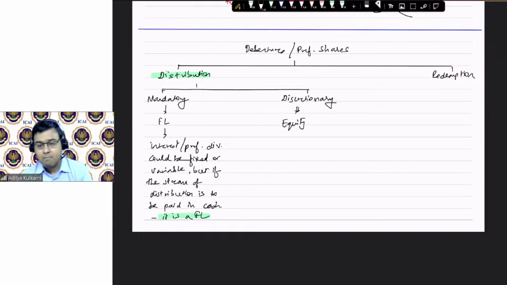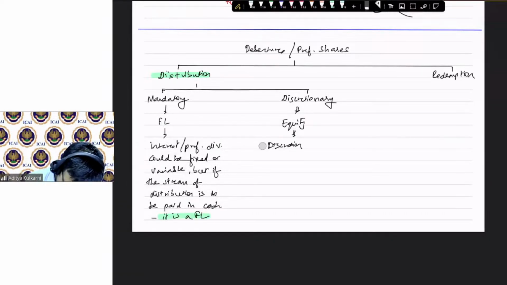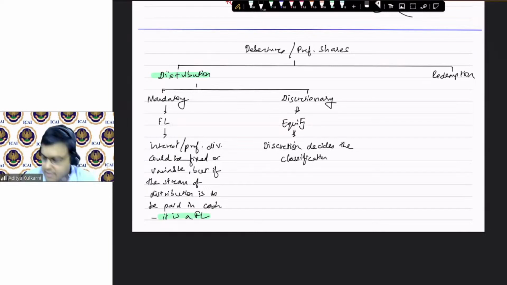So what is important is discretion. Discretion decides the classification. Discretion decides the classification.